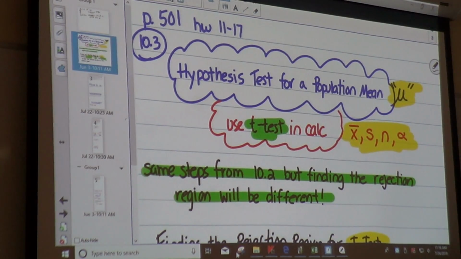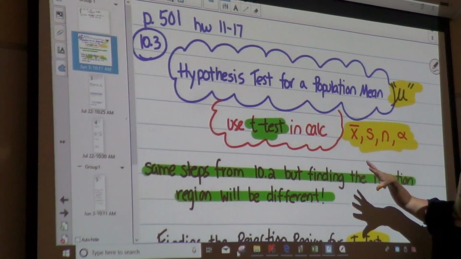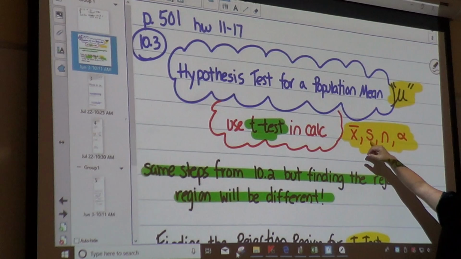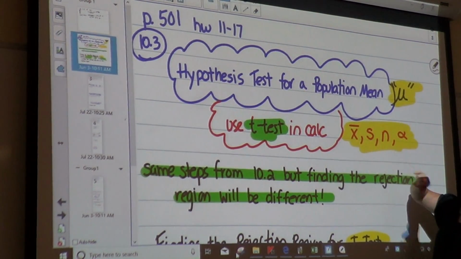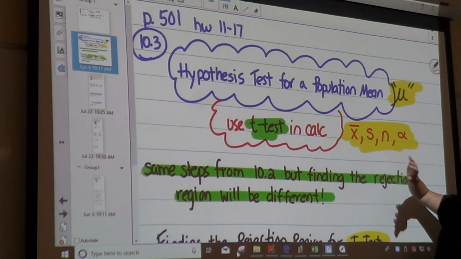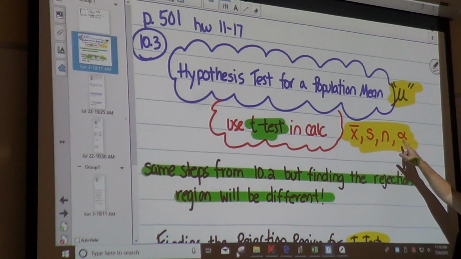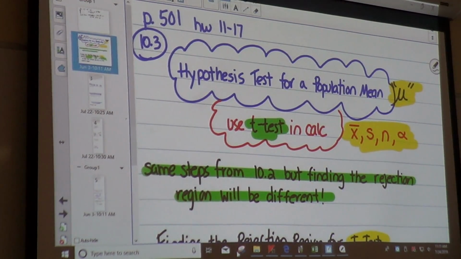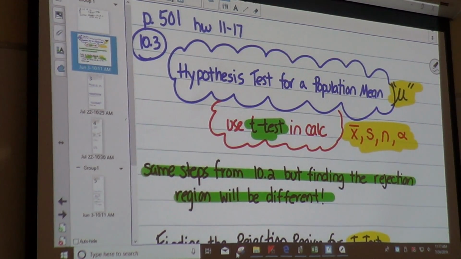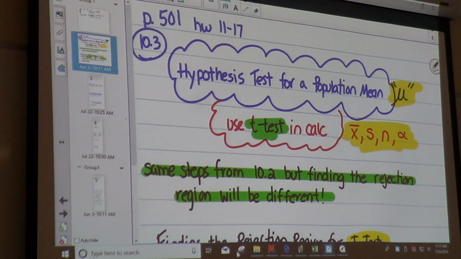And just like last class period, the t-test has the standard deviation. So when we're doing this in our calculator, we're going to be doing the x-bar, the s, the n, and the alpha. So this is a hypothesis test for a population mean.